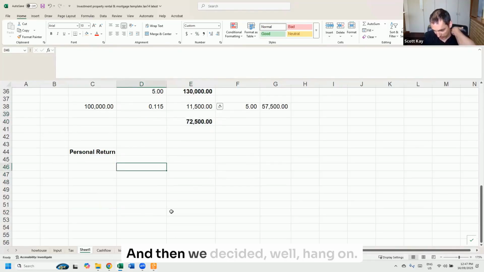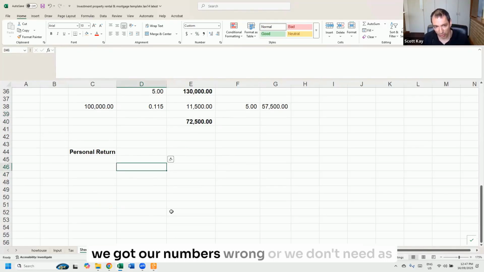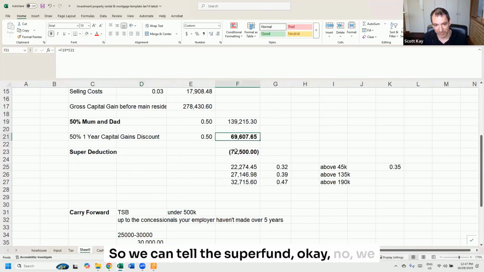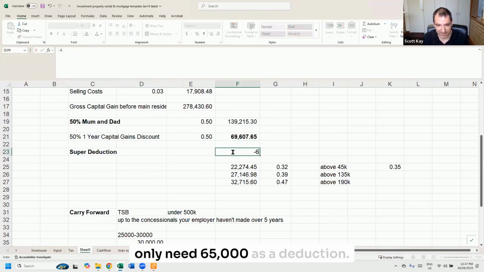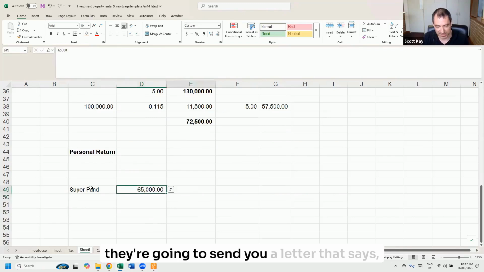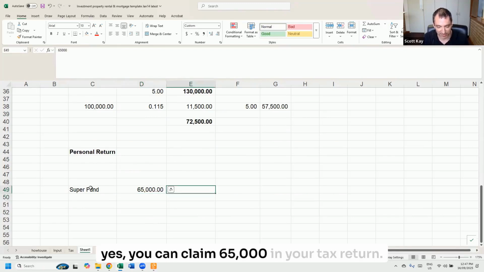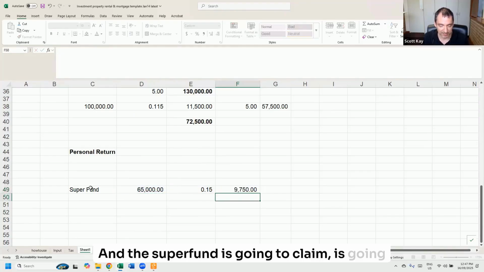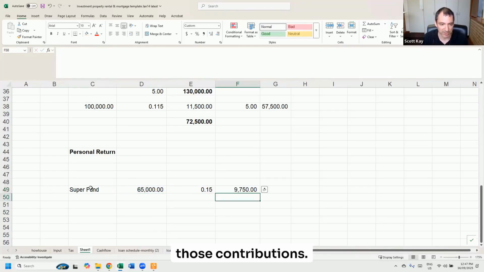But let's say you put in that full 72,500, and then we decided, well, no, hang on, we got our numbers wrong, or we don't need as much deduction. So we can tell the super fund, okay, we only need 65,000 as a deduction. And then the super fund is going to send you a letter that says, yes, you can claim 65,000 in your tax return, and the super fund is going to pay tax on 15% of those contributions.